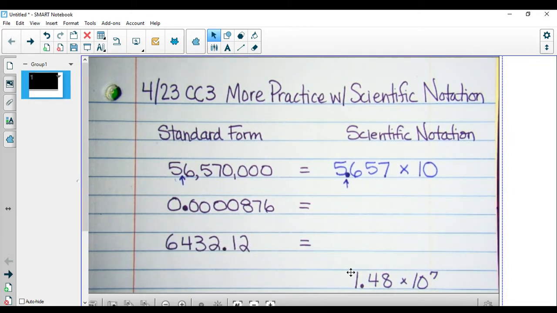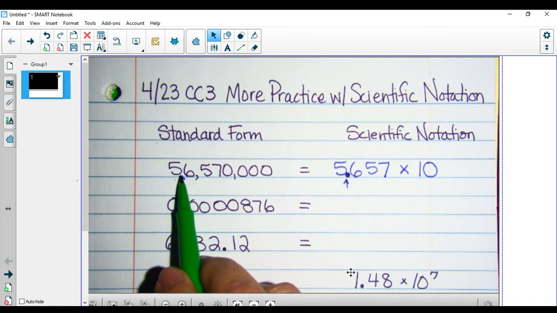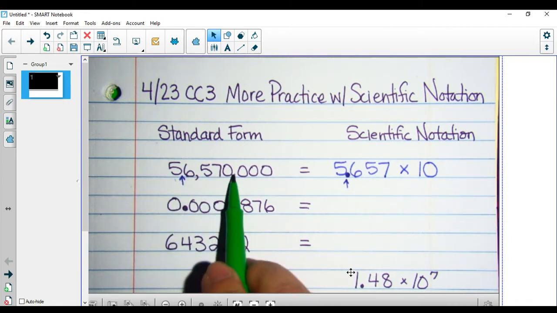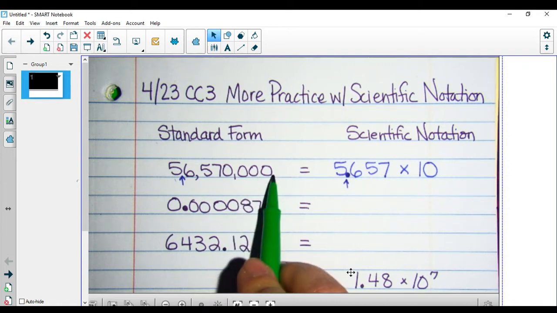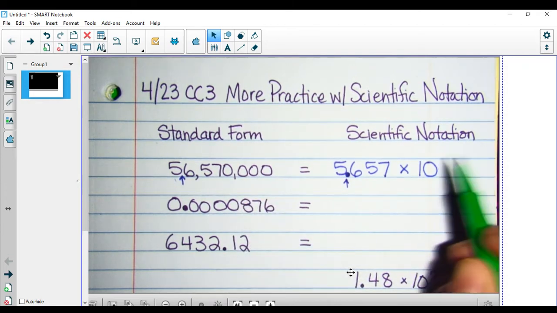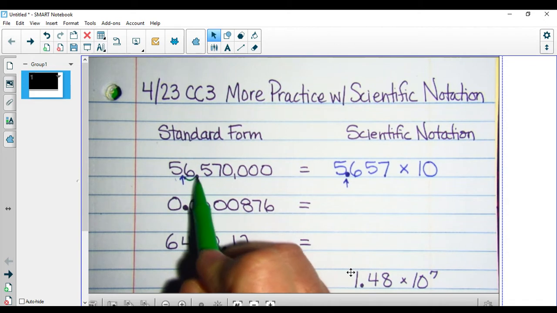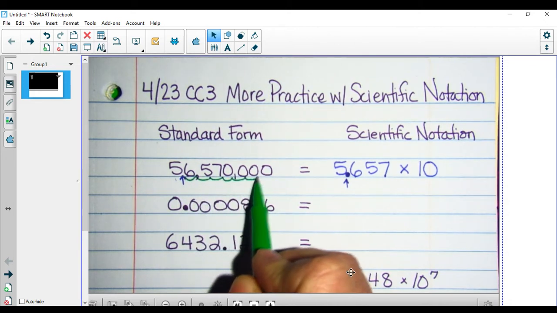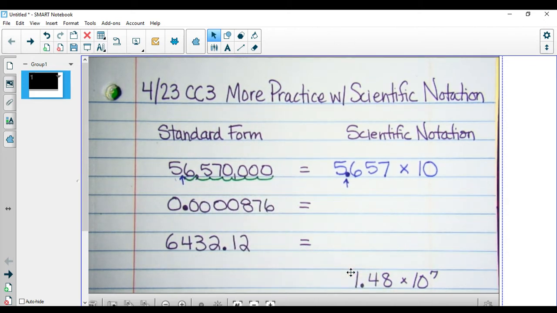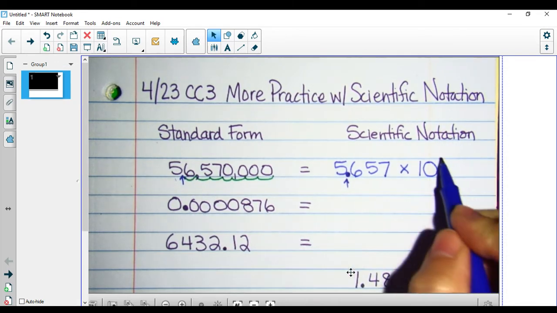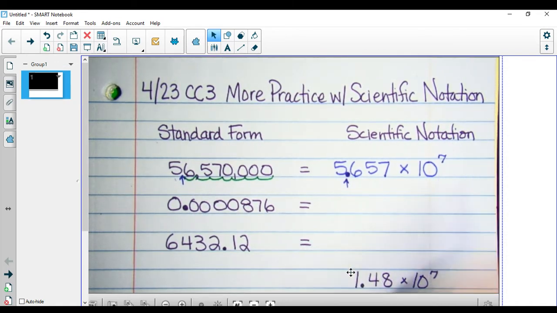In order to figure out what I need to multiply it by so that it would move back to its original value, I need to move that decimal 1, 2, 3, 4, 5, 6, 7 places to the right in order for it to be worth the 56,570,000. So we're going to make this 10 to the 7th.